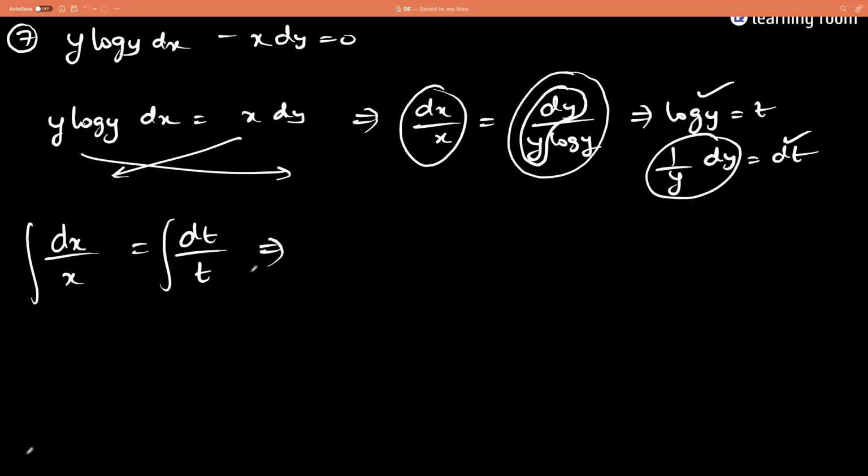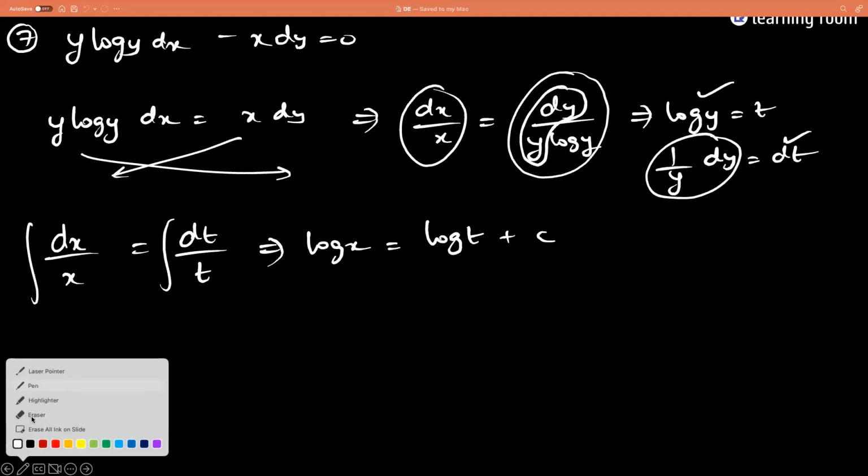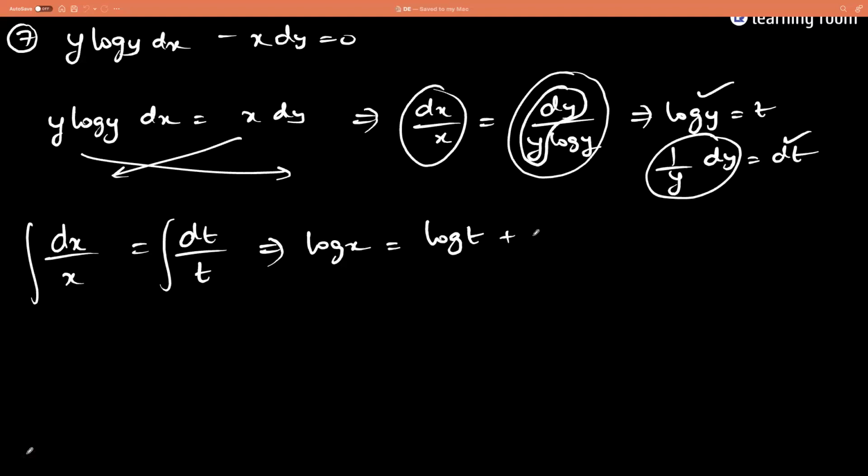So integrating on both the sides implies log x is equal to log t plus c, or we can write it as log c also. So since everywhere you have log, you can write it as log c also. So log x is equal to log of log y plus log c.